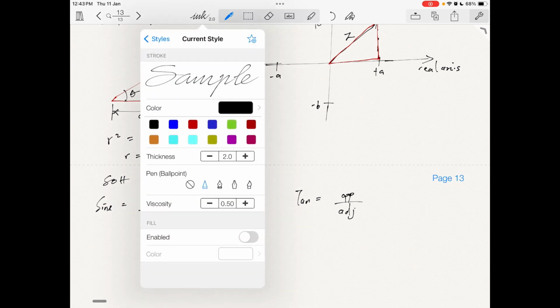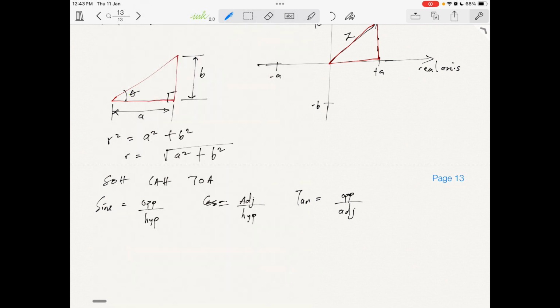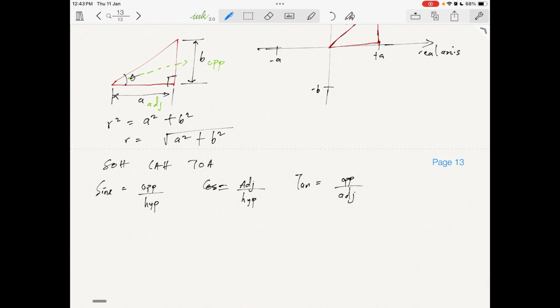Now, considering this angle, the opposite here is b, and this is the adjacent. So we can say that tan theta is equal to the opposite, which is b, over the adjacent, which is a. So our theta will be arctan of b over a.